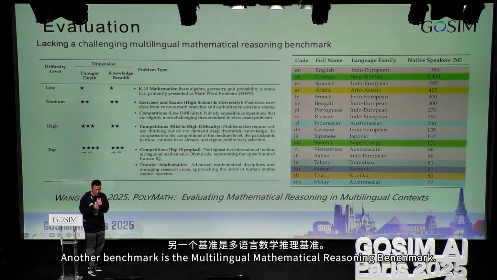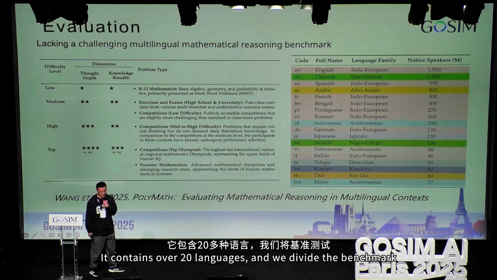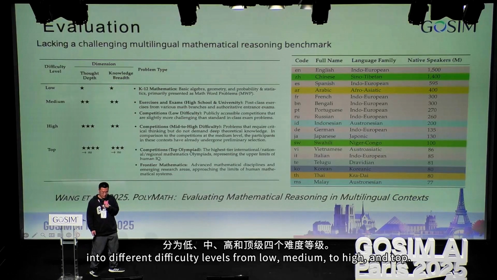Another benchmark is a multilingual mathematical reasoning benchmark. We released PolyMath, and it contains over 20 languages, and we divide the benchmark into different difficulty levels, from low and medium to high and top.